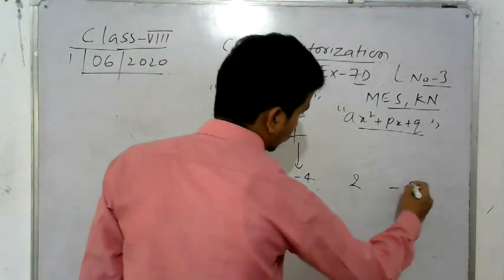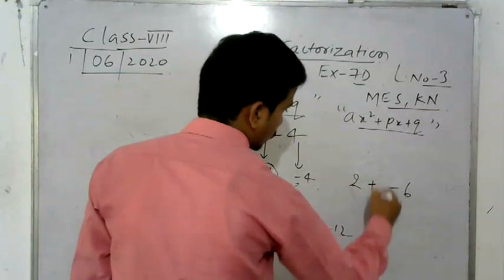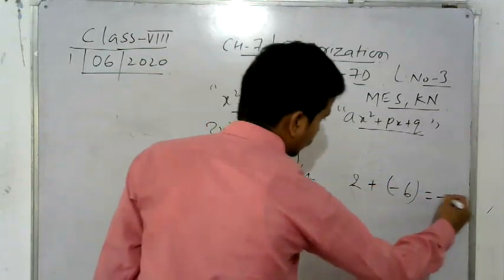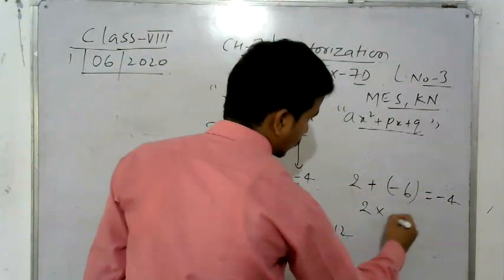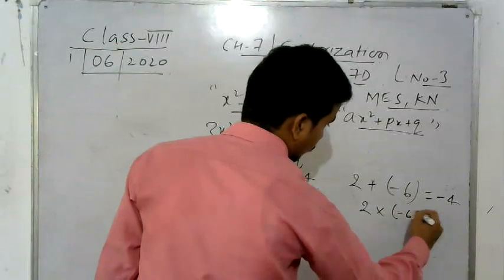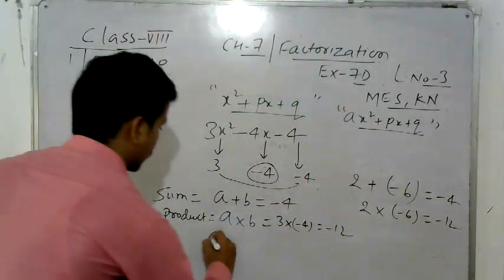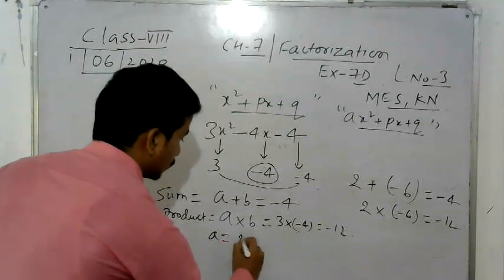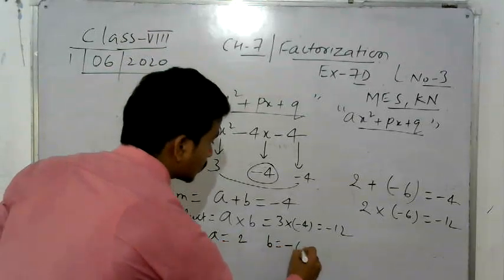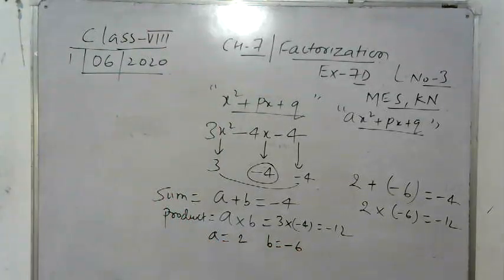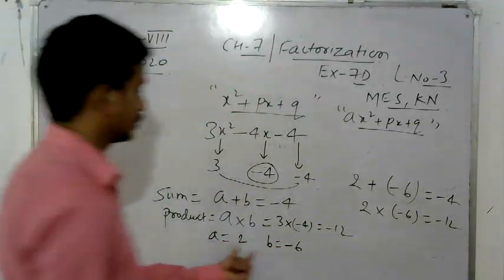When you add 2 and minus 6 you will get minus 4, and when you multiply 2 and minus 6 you will get minus 12. So a is equal to 2 and b is equal to minus 6.